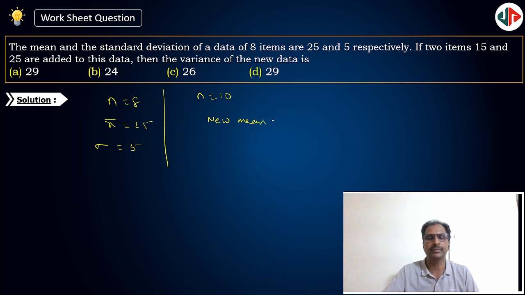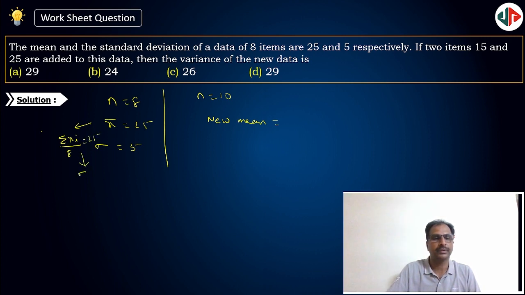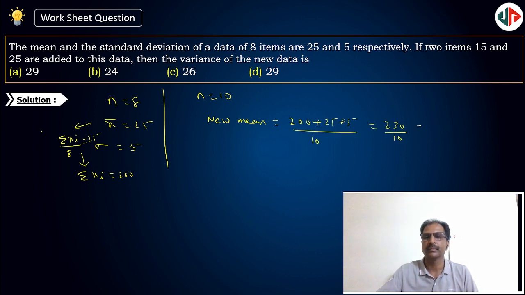What is the new mean? x̄ is 25, so Σ xi is 200. So what will be the new mean? 200 plus 40 by 10, that is 24 is the new mean.